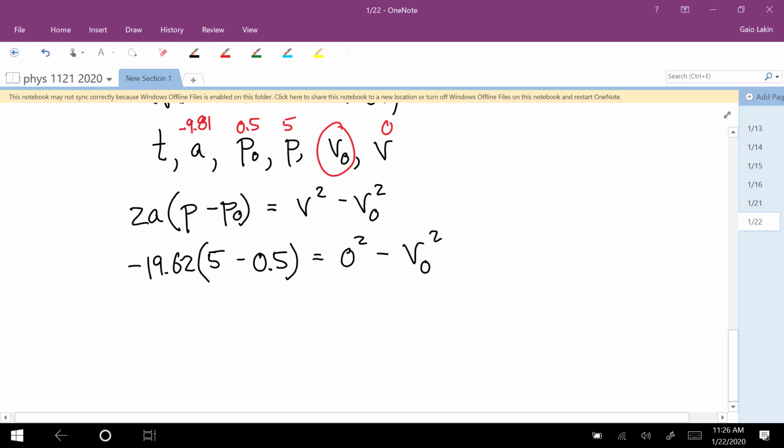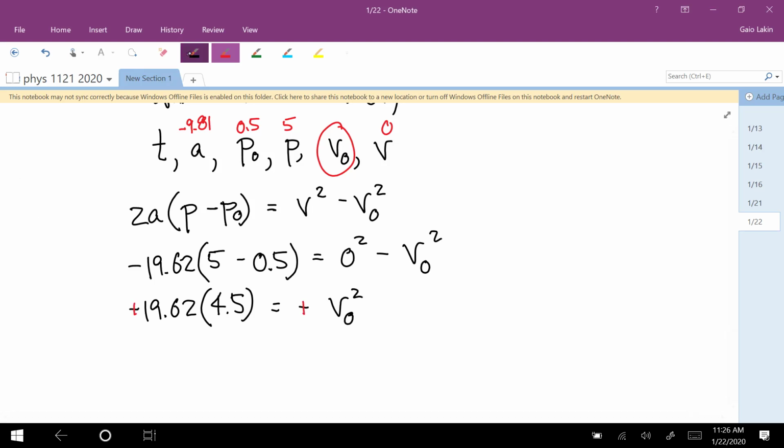And so you get negative 19.62 times 4.5 is equal to negative v0 squared. Multiply both sides by negative 1. And you get that v0 is the plus or minus square root of this thing, 19.62 times 4.5.